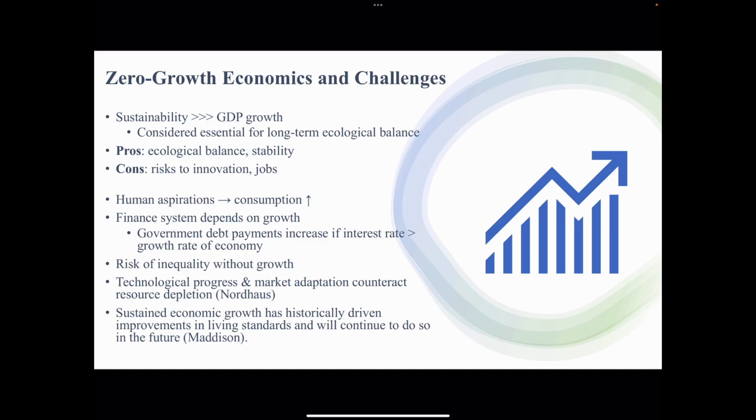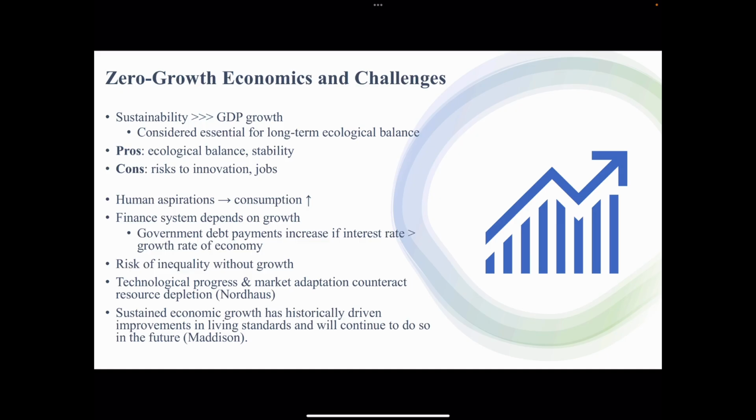The problems are it risks innovation and jobs. Remember that human aspiration is for increasing consumption. But also the finance system depends on growth. As I mentioned earlier, government debt payments increase if the interest rate is greater than the growth rate of the economy.